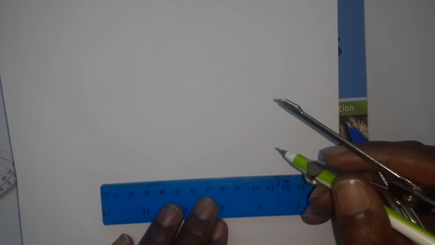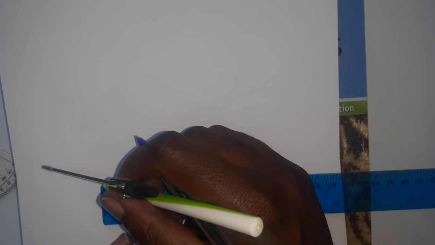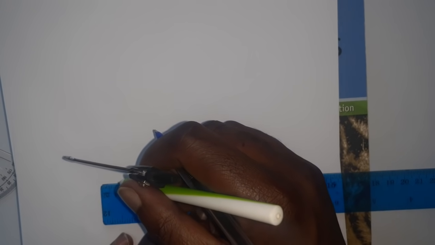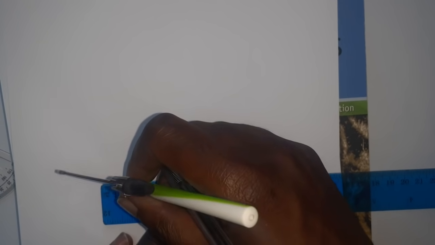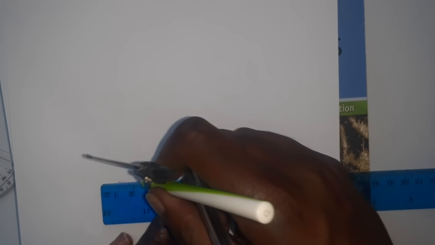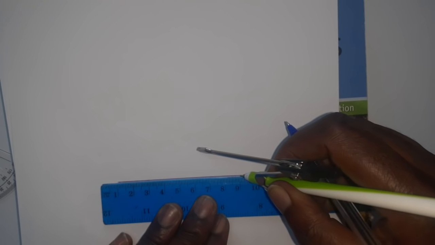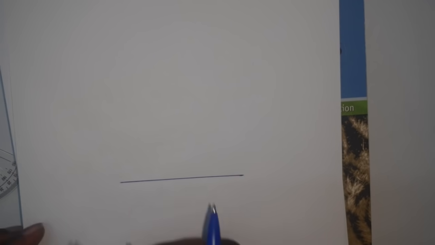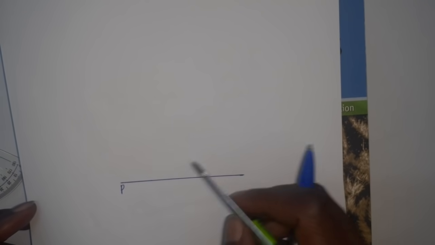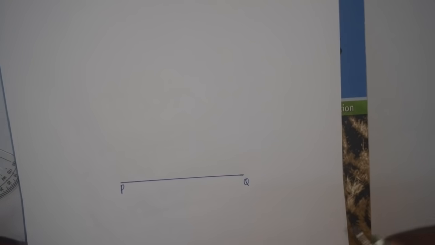So from this point, you need to start from 0 and go up to 8. This is my 8 centimeters. Then I'm told that this is my PQ, which is 8 centimeters.